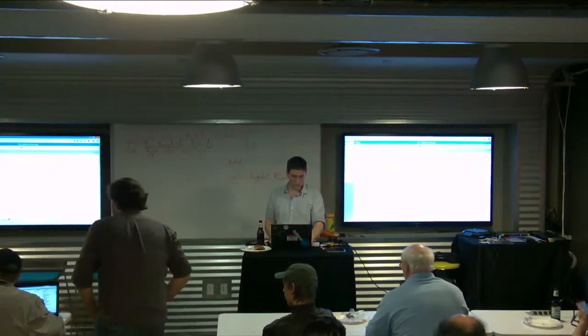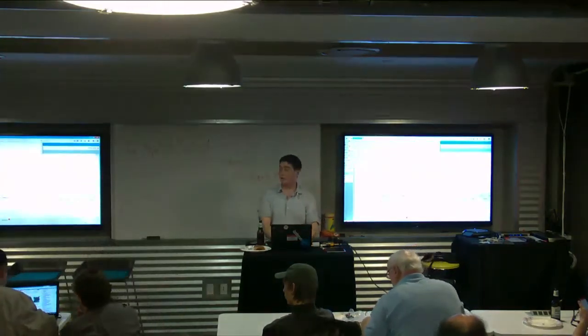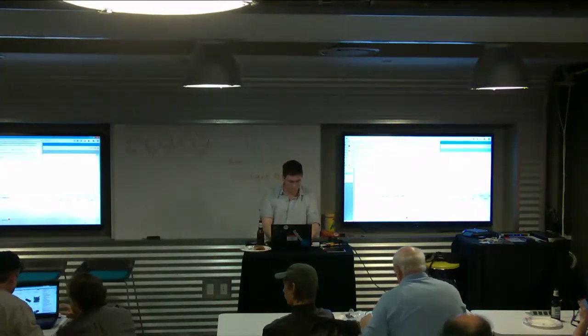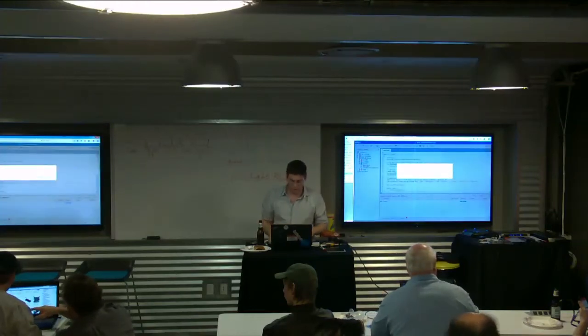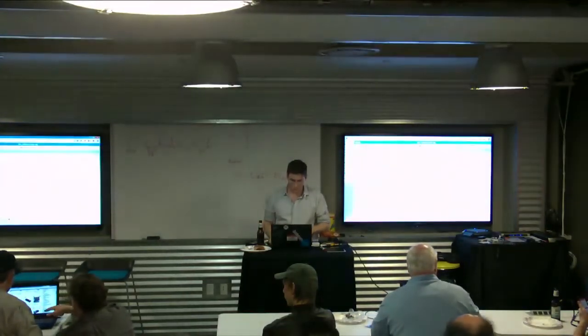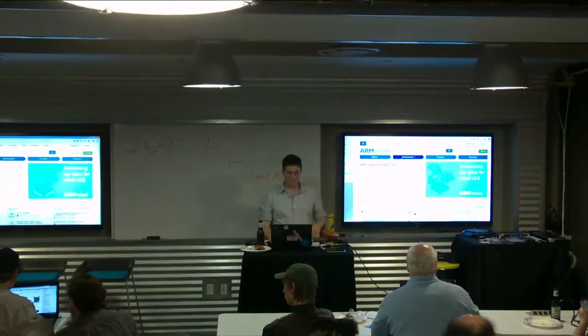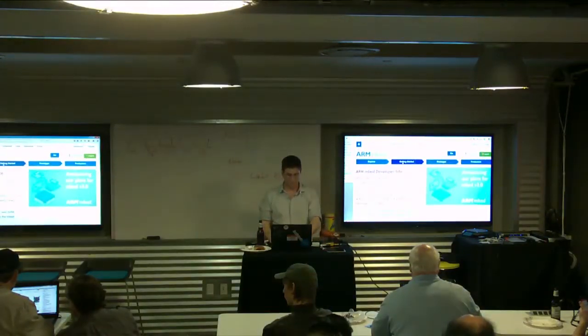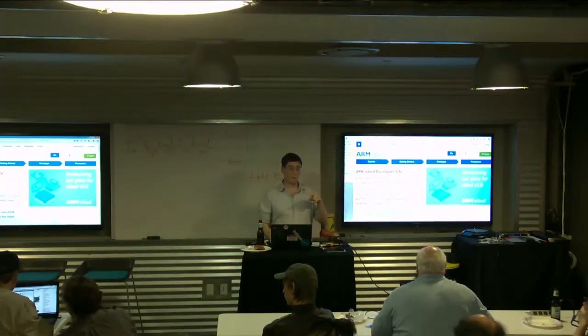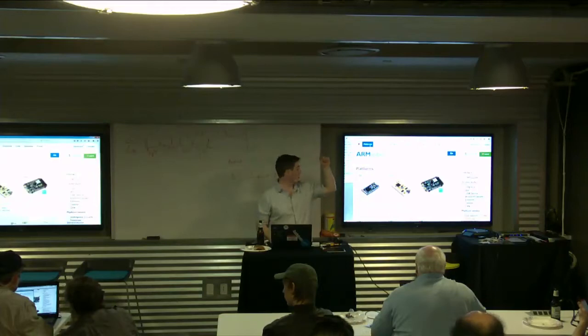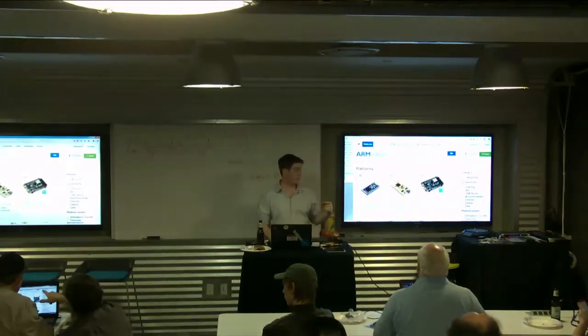So, what I'd like you to do is go to developer.mbed.org. This should be the website. If you click on platforms, and then scroll down the page to the board you're using.